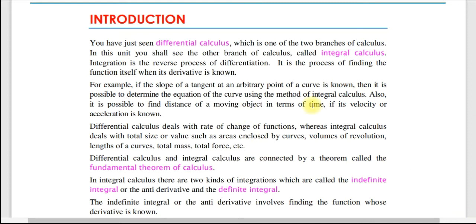So እዚህ ላይ እንግዲህ የመጀመሪያው ኢንትሮዳክሽን ፓርት አለን። You have just seen differential calculus which is one of the two branches of calculus. Okay, calculus ሁለት ክፍሎች ናቸው ያሉት ወይም ሁለት ብራንቾች አሉት። integral calculus and differential calculus. differential calculusን ከዚህ በፊት አይተነዋል ማለት ነው በዩኒት 3። አሁን ደግሞ ስለ integral calculus ነው የምናይ ማለት ነው። So in this unit you shall see the other branch of calculus is called integral calculus ይባላል። Okay, integration is a reverse process of differentiation.